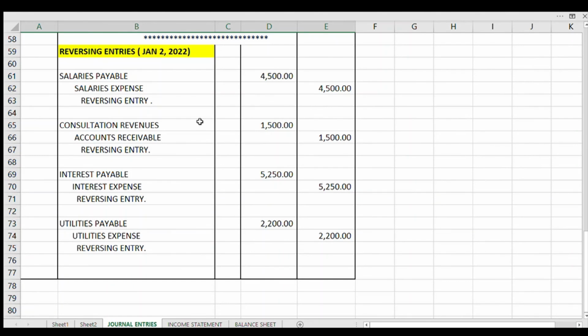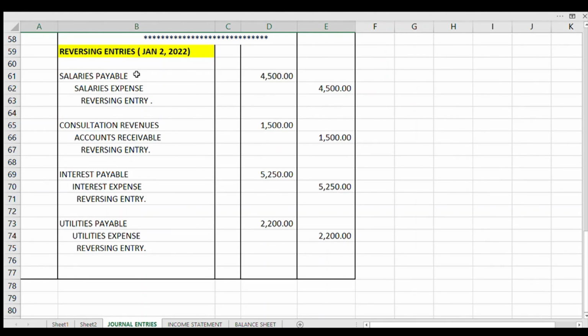Just to make it clear, I would like to give a piece of information for everybody that reversing entry is an optional step. The purpose of this reversing entry is to simplify the next entries to be made in the coming operation of the business.